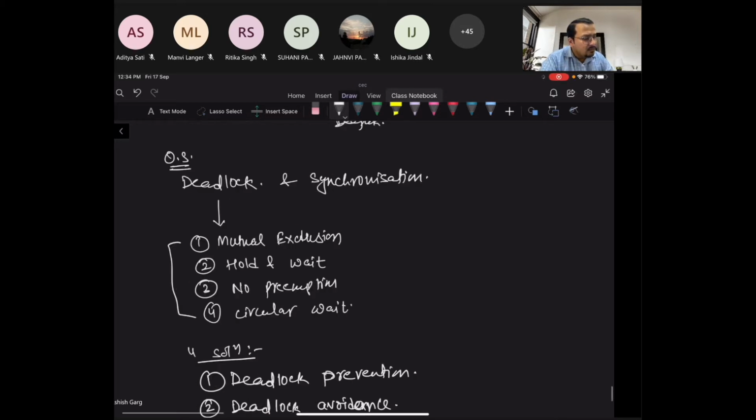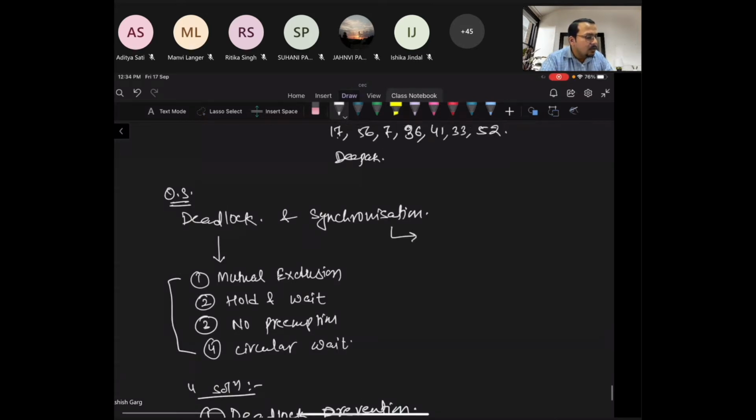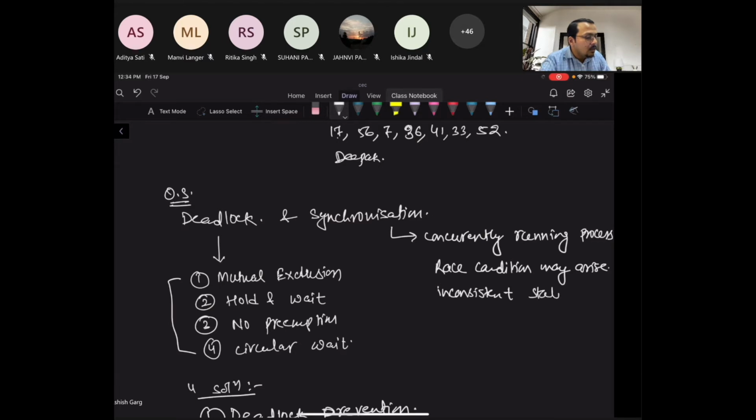Then we talked about synchronization. In concurrently running processes, we need synchronization, otherwise two things will happen. One is a race condition may arise, and that will lead to an inconsistent state.